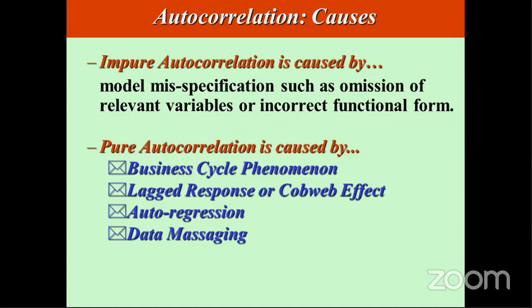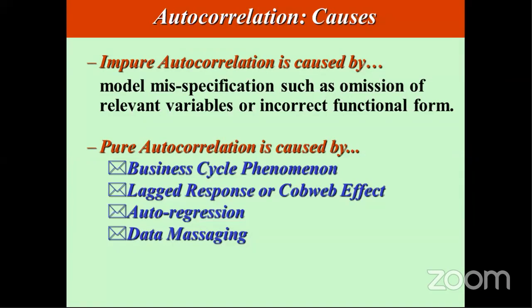The first is omission of a relevant variable, the second is the incorrect functional form, and the third is including an irrelevant variable. Even including an irrelevant variable we call a mis-specification of our regression model. So impure autocorrelation is only caused by model mis-specification in terms of omission of a relevant variable, incorrect functional form, or including an irrelevant variable in our regression model.